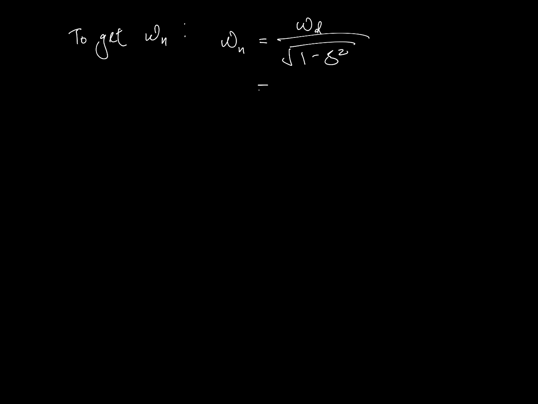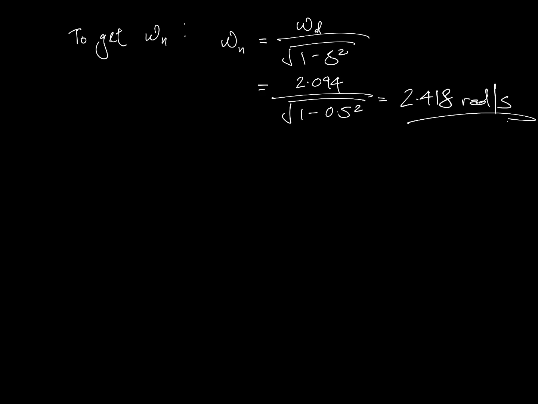So just direct substitution of omega d and zeta. We will get 2.418. So this is the natural frequency of the system.